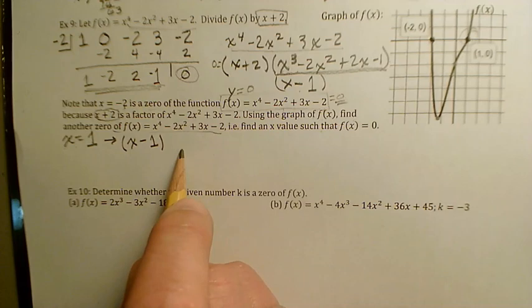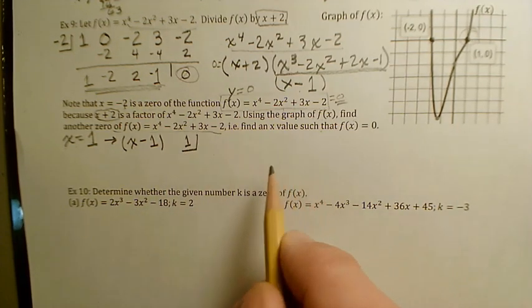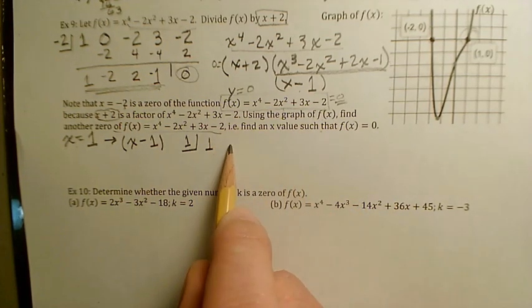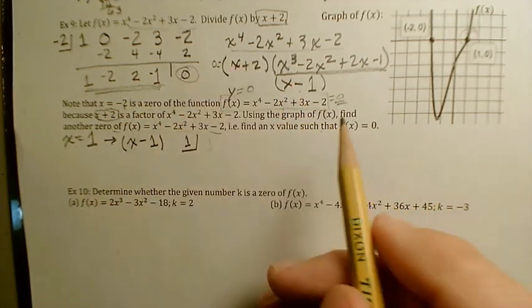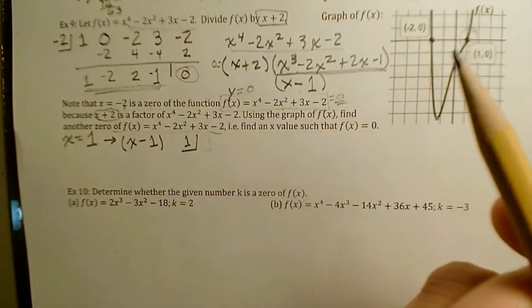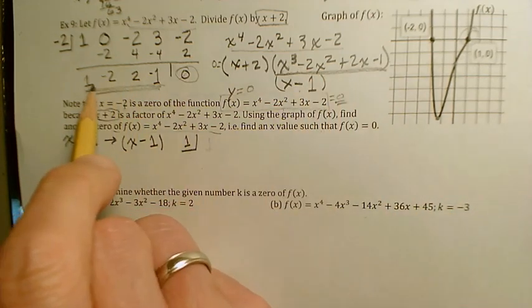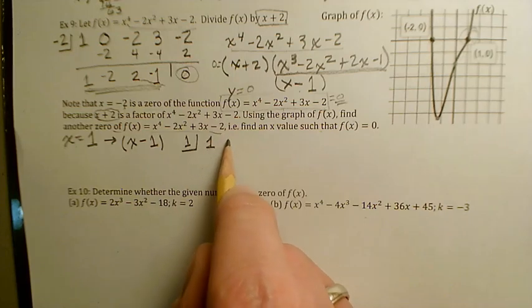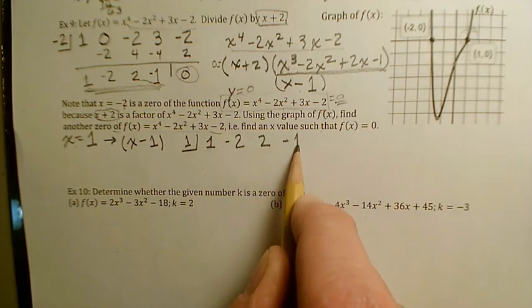So let's use our synthetic division, and we put a 1 in here. Oh wait, sorry, my bad. We don't want to go back to this original one. What we want to use is the depressed polynomial from up above. We want to use these numbers up here. So we're going to do 1, -2, 2, -1.